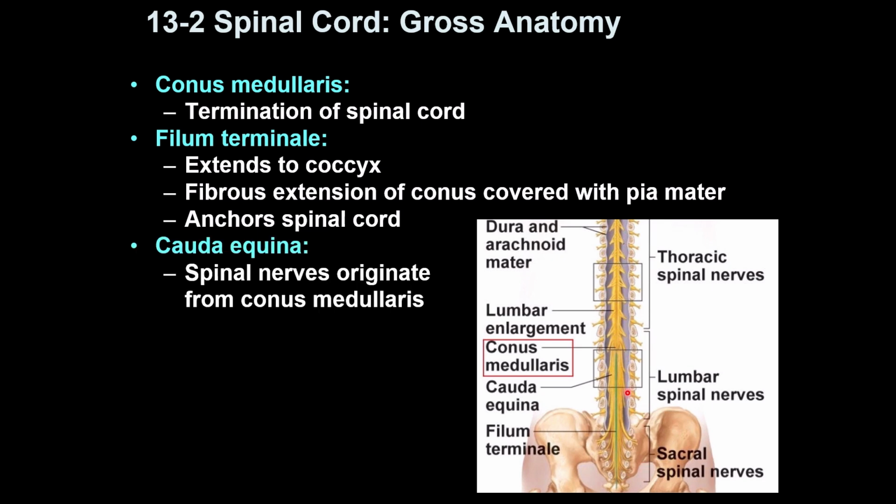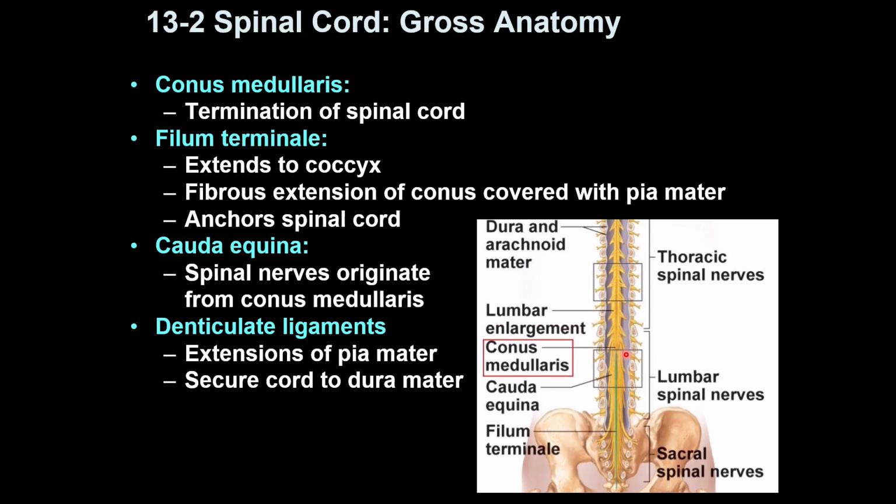Then there is the cauda equina. These fibers that you see are the cauda equina. The spinal cord ends at L1, L2, and after that these fibers are the roots that will eventually make the spinal nerve. In the lumbar and sacral area, these fibers are really long, because the spinal cord ends around this area.